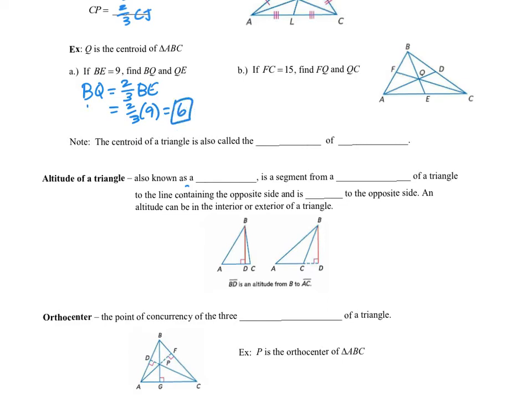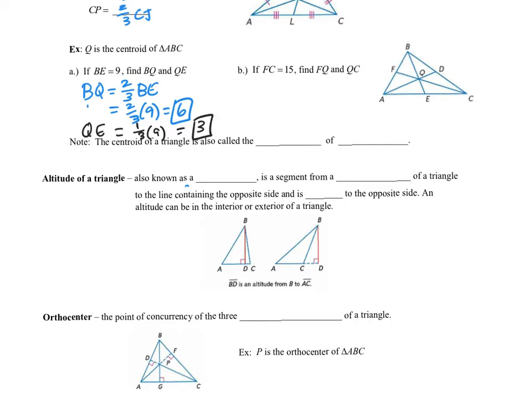And then, secondly, let's find QE. If the distance from B to Q is 2/3 of this entire median, then the distance from Q to E would be 1/3 of that. You've probably already figured out that it is 3, but let's take 1/3 of the median, and we get 3.